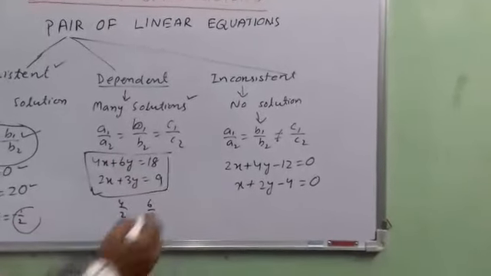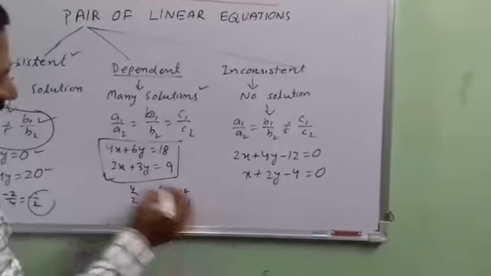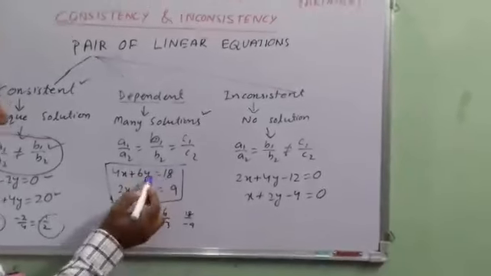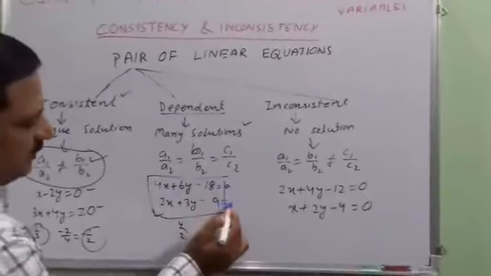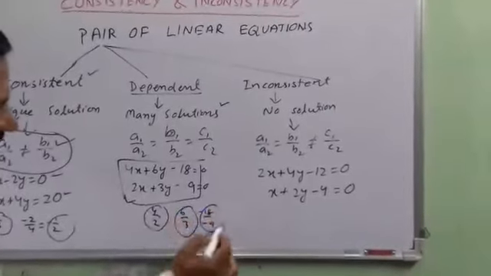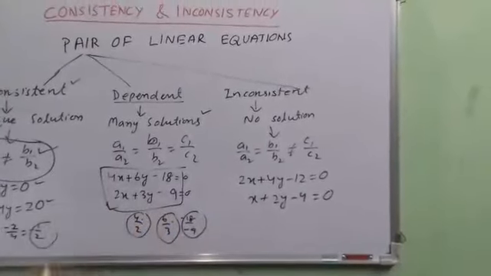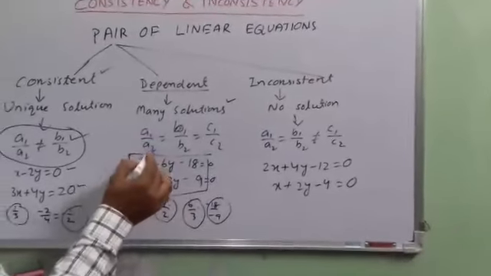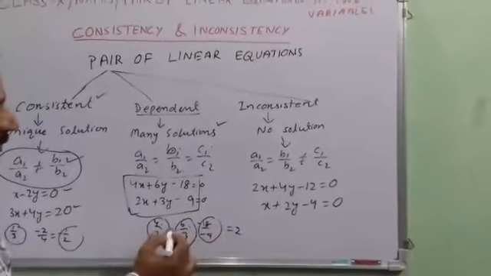Of course the value will be the same, so it will give you again minus 18 by minus 9. Because if you bring it to the left side, you will get minus 18 equal to 0, and it will be minus 9 equal to 0. So in the three cases, you see this is 2, this is 2, and this is also 2. So a1 by a2 equal to b1 by b2 equal to c1 by c2 here.